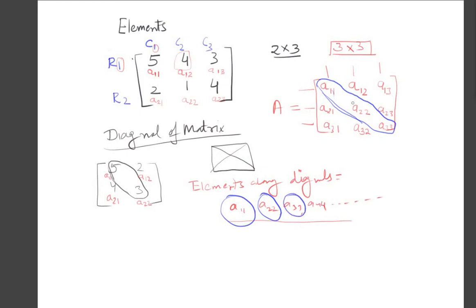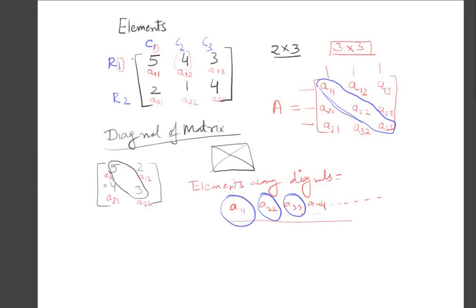So it is a 3 cross 3 matrix, so you have to end at 3, 3. But if this would have been a 4 cross 4, you would have an A44 as well. If you have a 5 cross 5, then you might have A55, and so on. So the point I'm making here is that the element numbers on the diagonals have the same row number and the same column number.